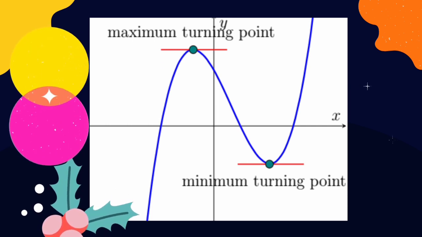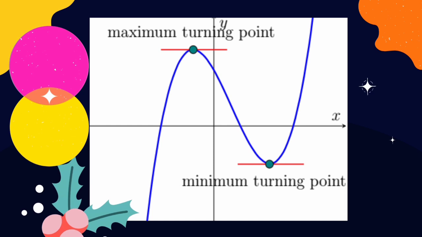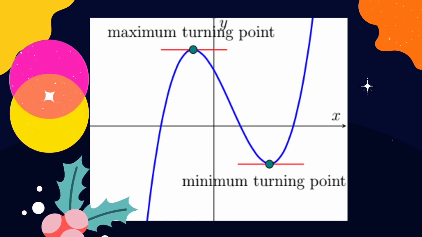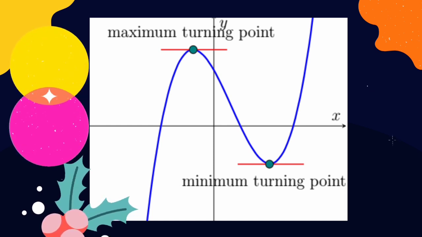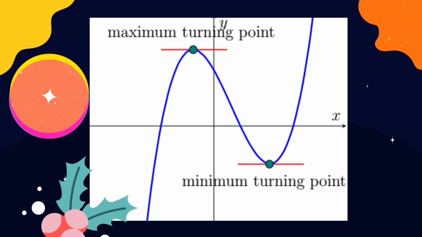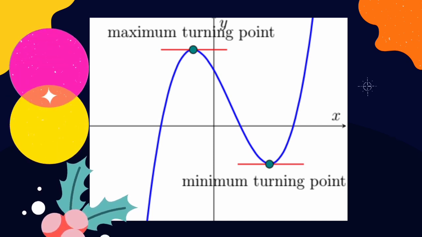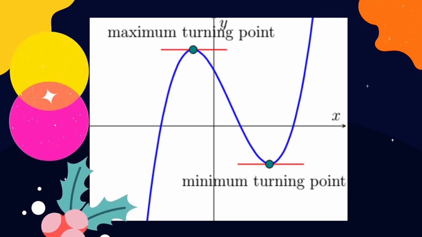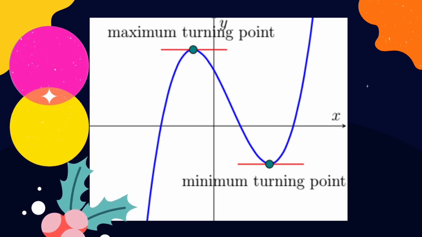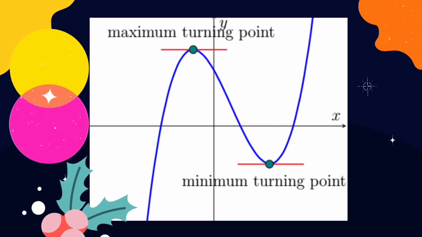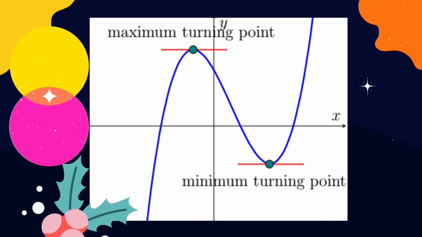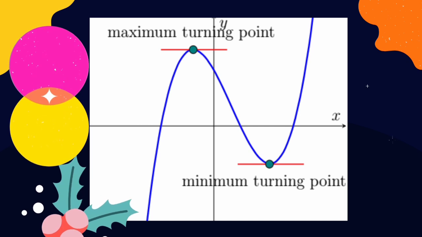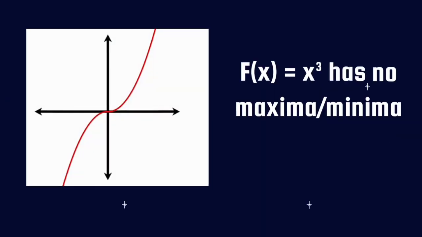So in this class, I'll be teaching you how to determine the local maximum or minimum turning points of a function. It is, however, worthy of note that not all functions have maximum and minimum points. Some functions do not possess maximum and minimum points.